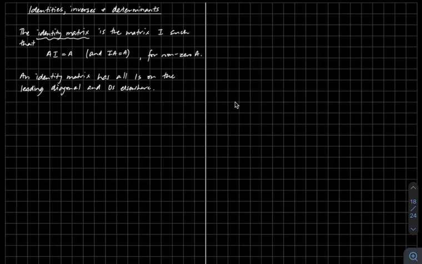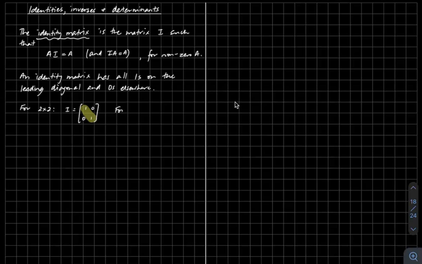So let's go through a couple of examples. For a 2 by 2 or an order 2 matrix, I would be equal to 1, 0, 0, 1. The leading diagonal is the one which goes down from the top left corner to the bottom right corner.